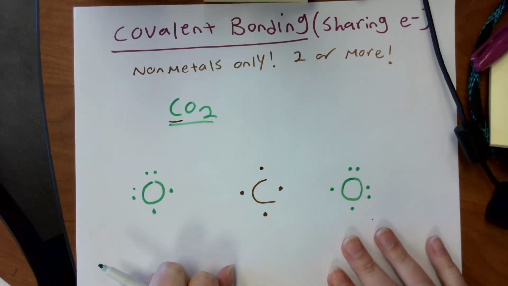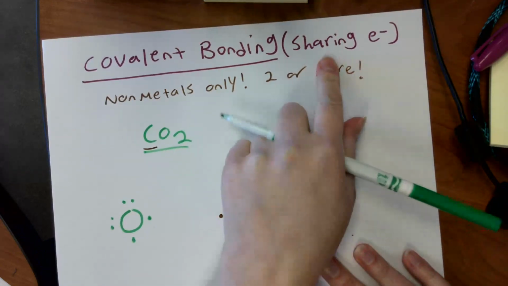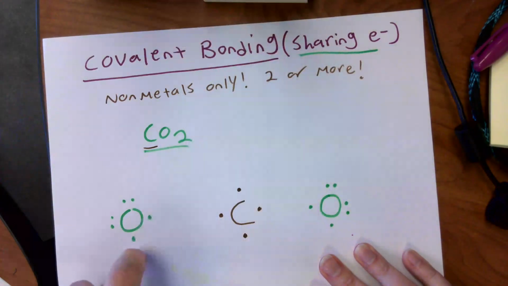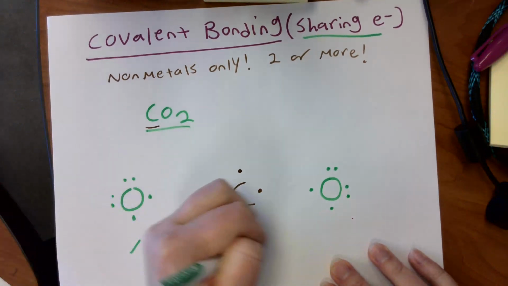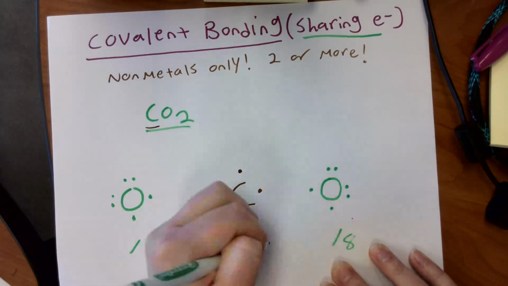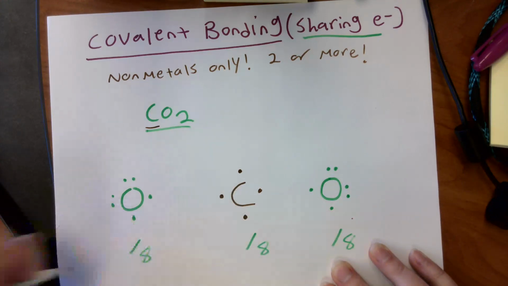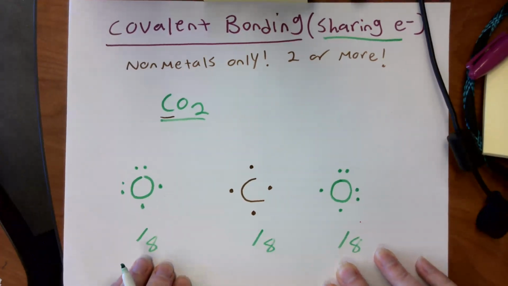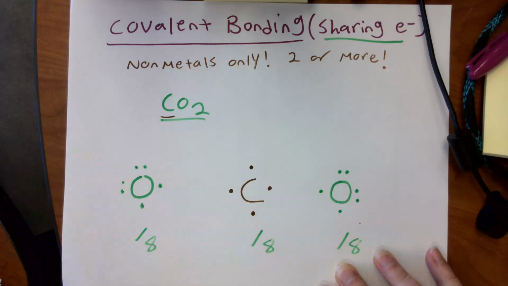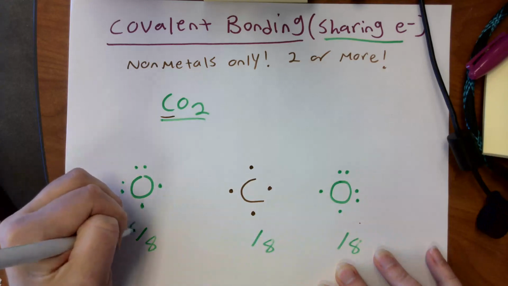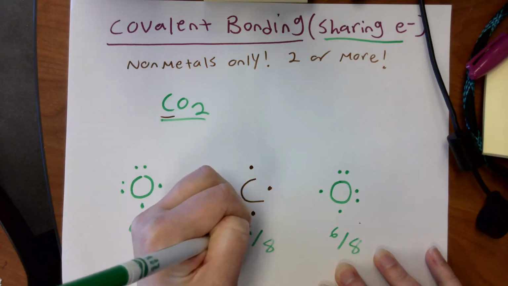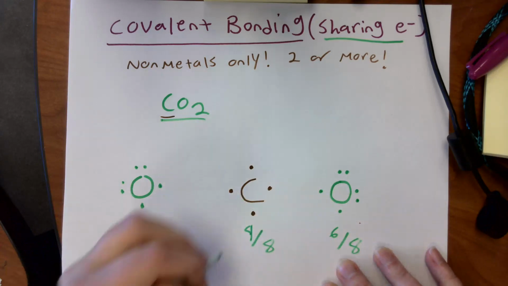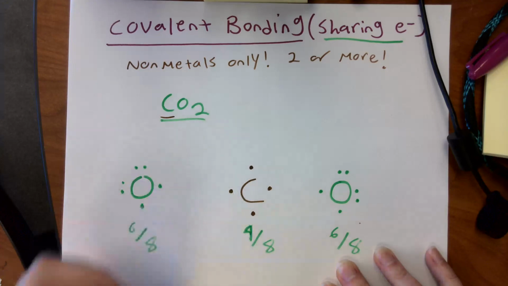And what we have to do is, like I said, this is all about sharing electrons. All 3 of these want to get to 8. But right now, none of them are there, are they? This one is at 6, so is this one, and this one is at 4. Right?